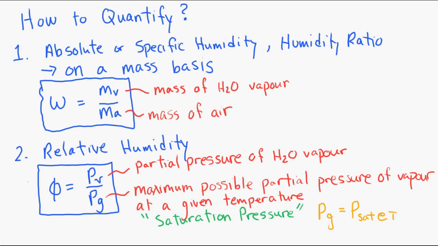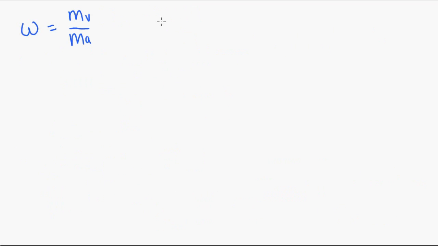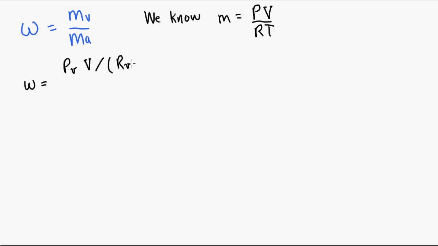Now, if we come back to the absolute humidity, here's the formula we had before. We know mass can be written in terms of the ideal gas law. So if we substitute that into the equation, we have the partial pressure of water vapor and the partial pressure of air.